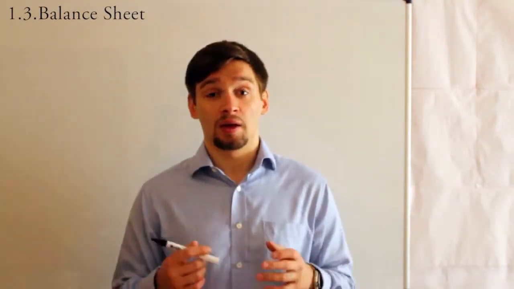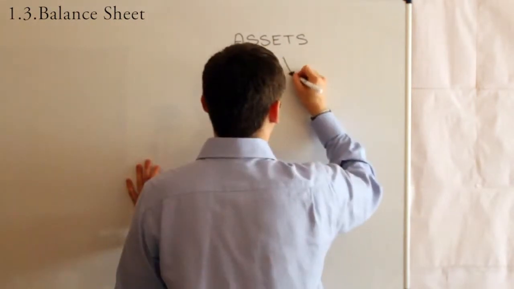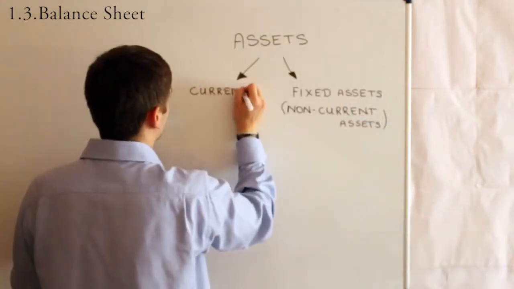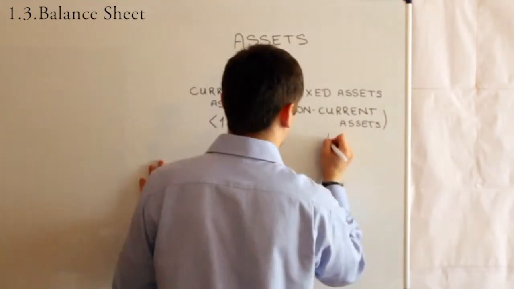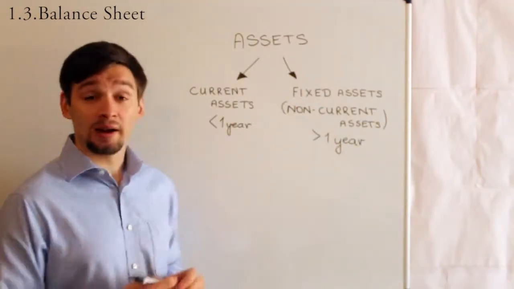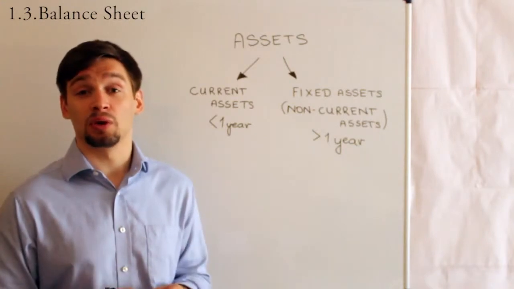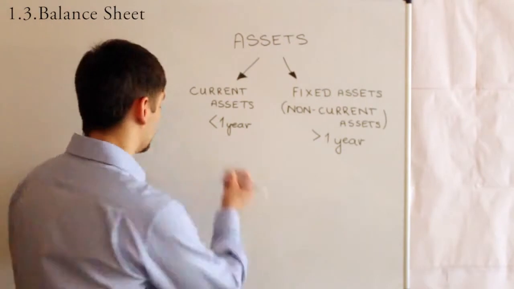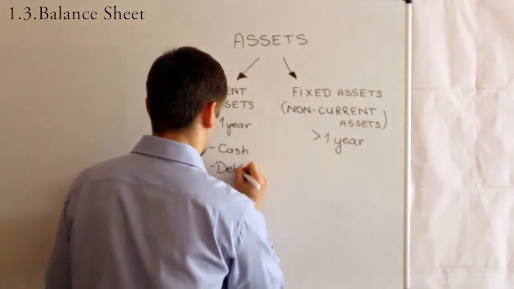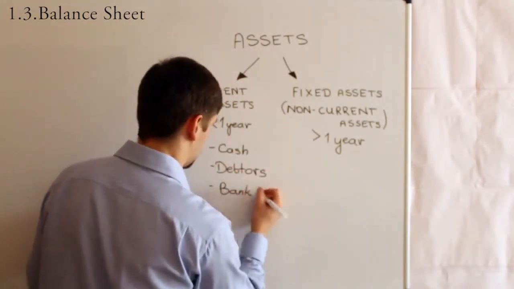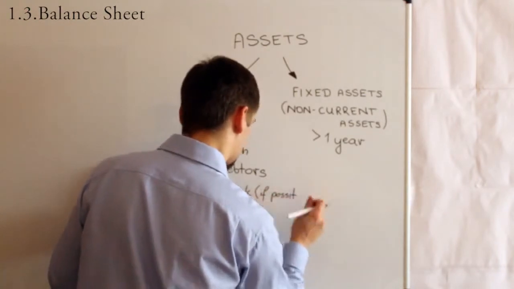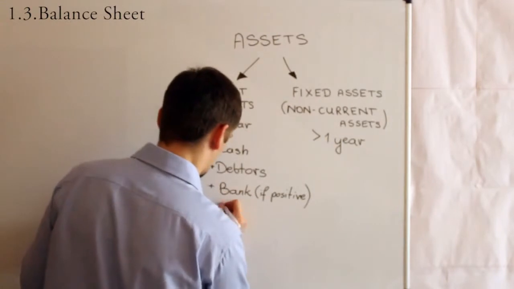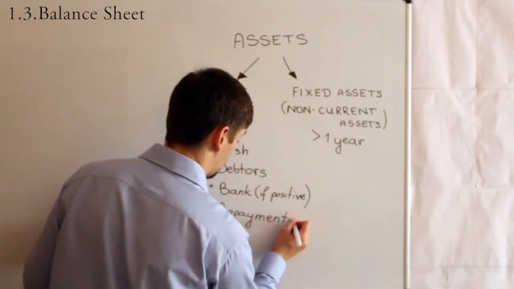A company can hold many types of assets, and those include fixed assets and current assets. Fixed assets are sometimes called non-current assets. Current assets are those that will last no more than 1 year within the company, and therefore include cash, cash equivalents, bank, debtors, prepayments, things that will be liquidated into cash within 1 financial year.